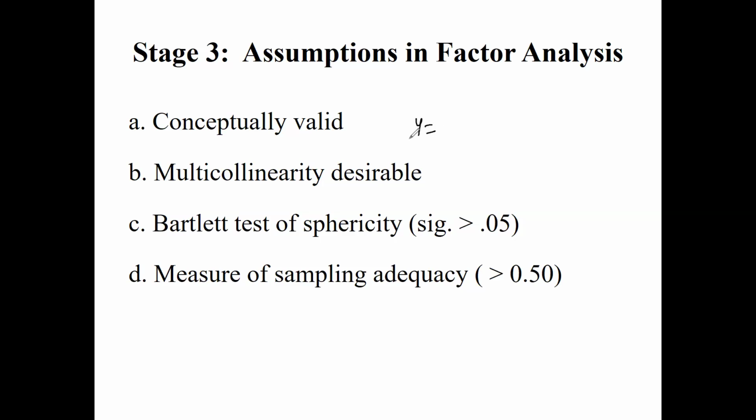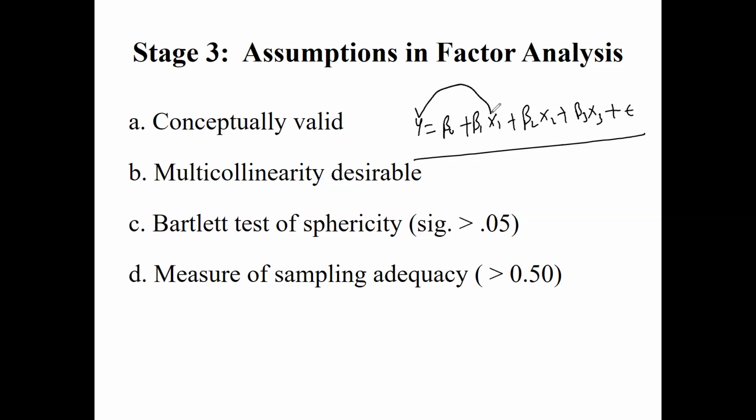The equation of multiple regression analysis is y equal to beta 0 plus beta 1 x1 plus beta 2 x2 plus beta 3 x3. So this is multiple regression analysis, one dependent variable and several independent variables. We want x1 to be significantly related to the dependent variable.